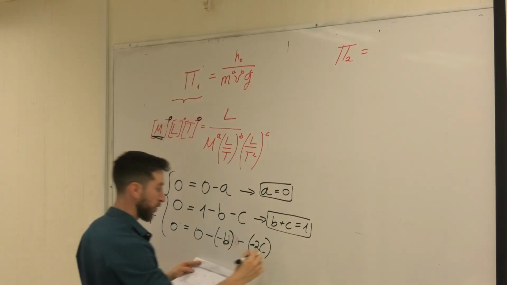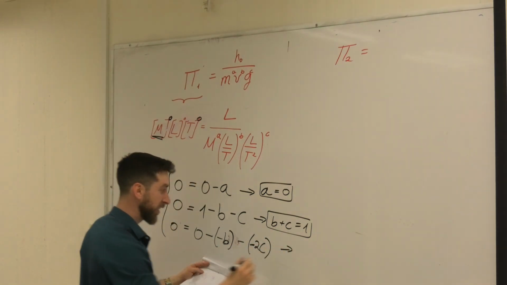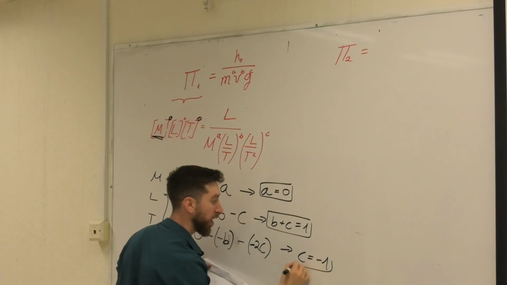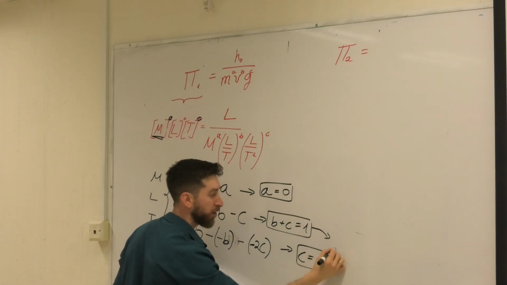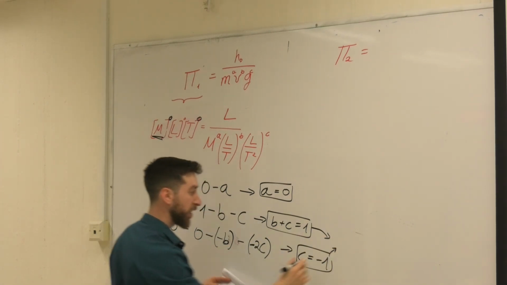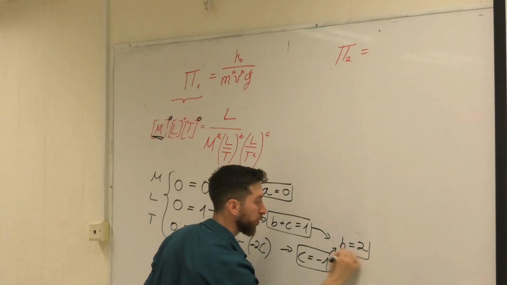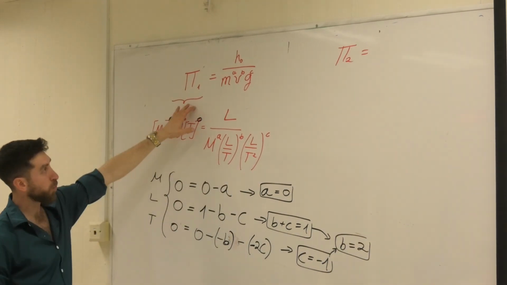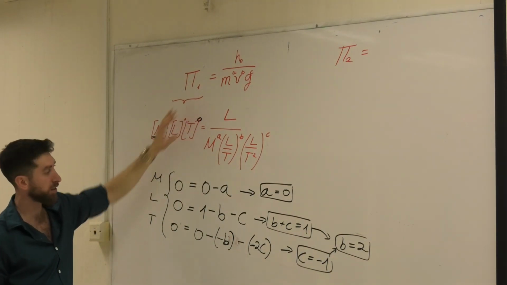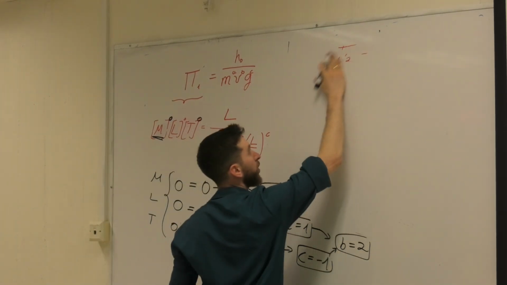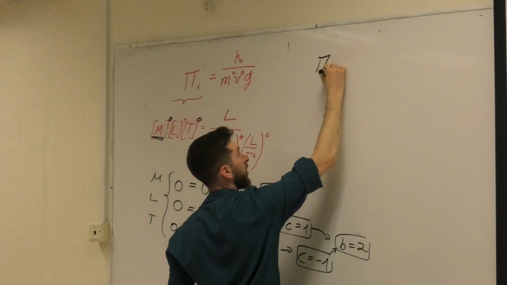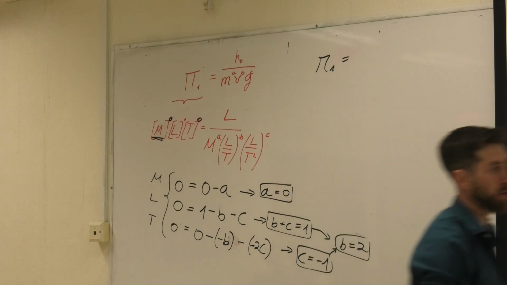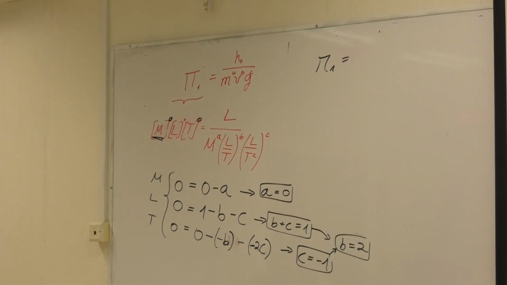So from here I can get that C equals minus 1, and then from here and here, I can get that B is equal to 2. So we can now write pi 1. Let's do it here. Can I take it up? It's going to be easier for me.